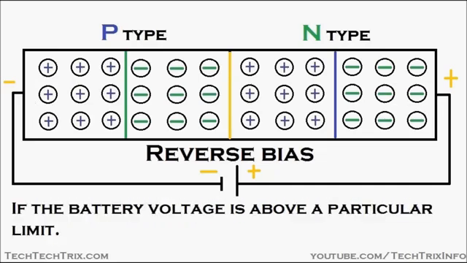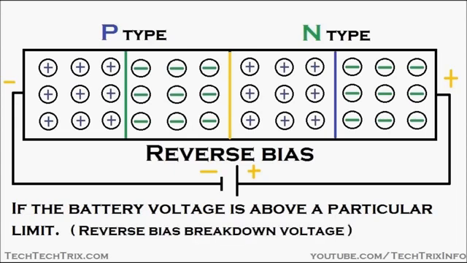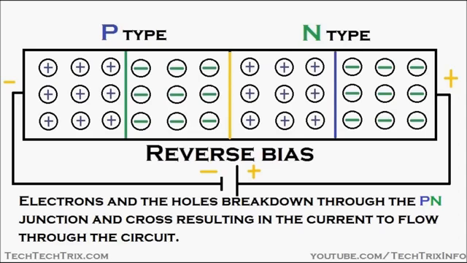But in a particular condition, if the battery voltage is above a particular limit, which is called the reverse bias breakdown voltage, then the electrons and the holes break down through the PN junction and cross this junction, resulting in current flowing through the circuit.